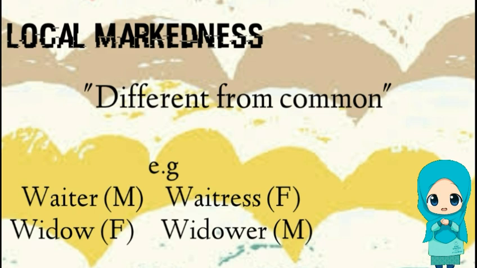Writer is masculine. If we want to create the feminine, we must add ess at the end of the word writer. Same as writer, for widow, if we want to create the masculine, we must add er at the end of the word widow.